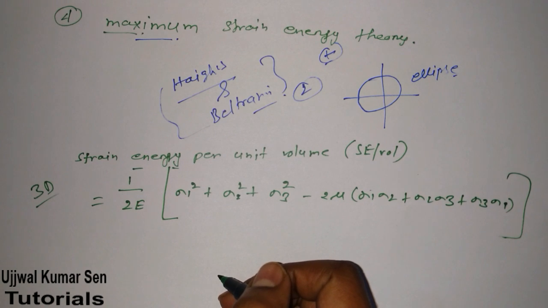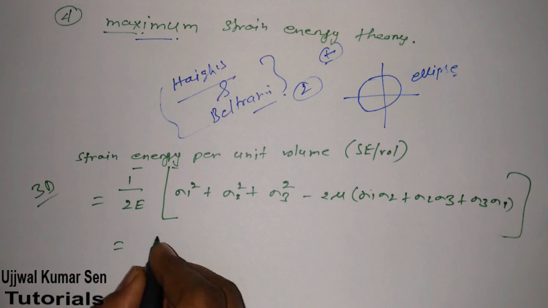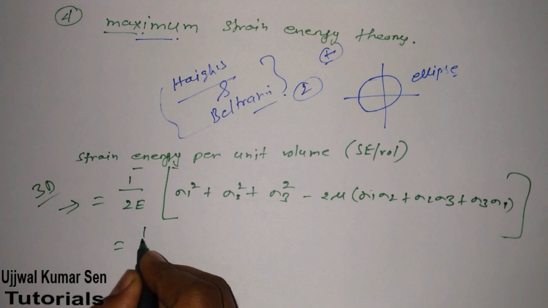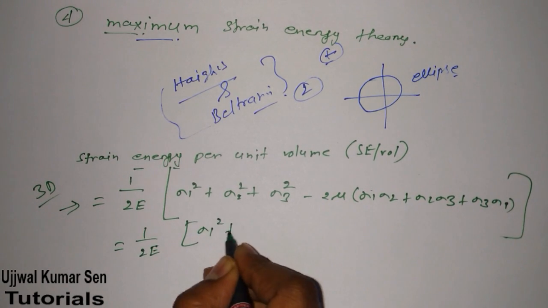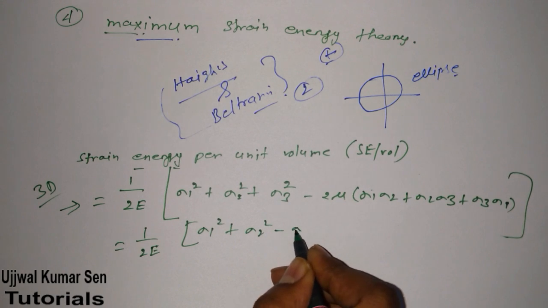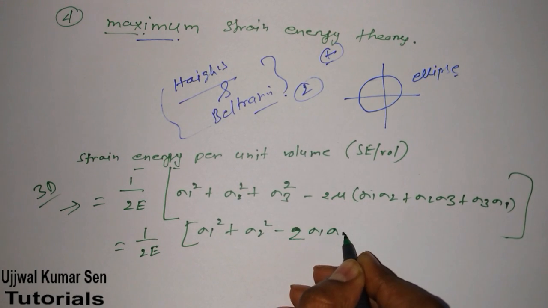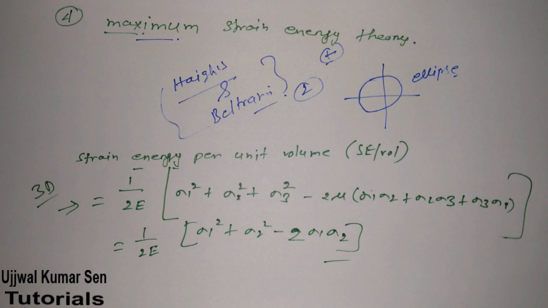Now if you are talking about 2D, then what would be the formula? This was for 3D, right? It is 1 by 2E, sigma 1 squared plus sigma 2 squared minus 2 mu sigma 1 sigma 2. So by using this formula you can find out strain energy per unit volume, and I hope you have enjoyed this strain energy theory or Haigh and Beltrami theory.